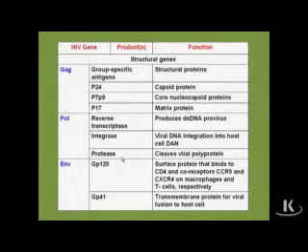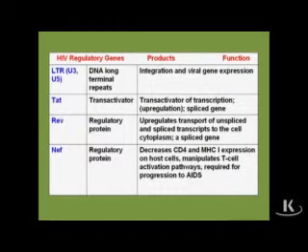Now, some of the regulatory genes that HIV has, you can see, are the long terminal repeats, okay, and that is used for integration of the viral genome as well as gene expression. There are some other regulatory proteins. So you have your TAT protein, which is a transactivator of transcription.